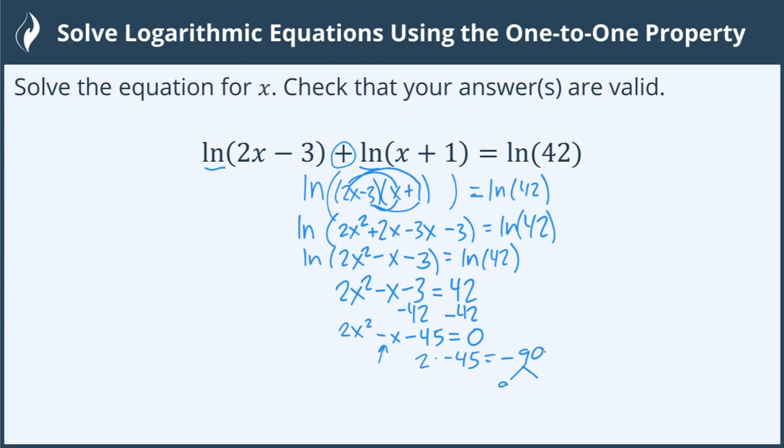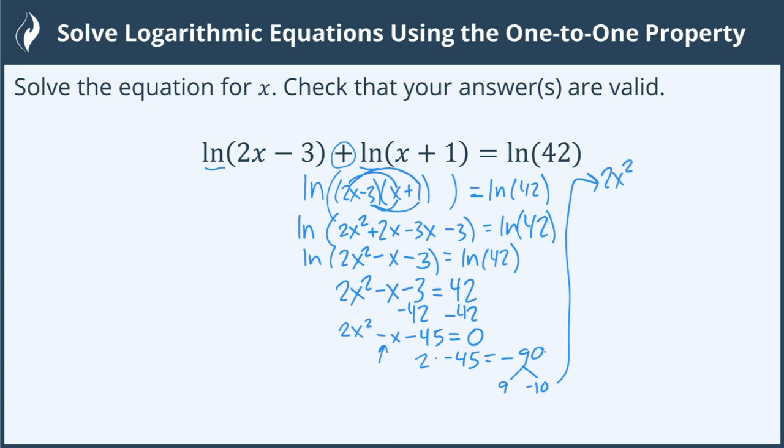Well, I think if I do 9 and negative 10, that would work because that product is negative 90 and the sum is negative 1. So I'm going to take that middle term and split that into a negative 10x and a positive 9x.